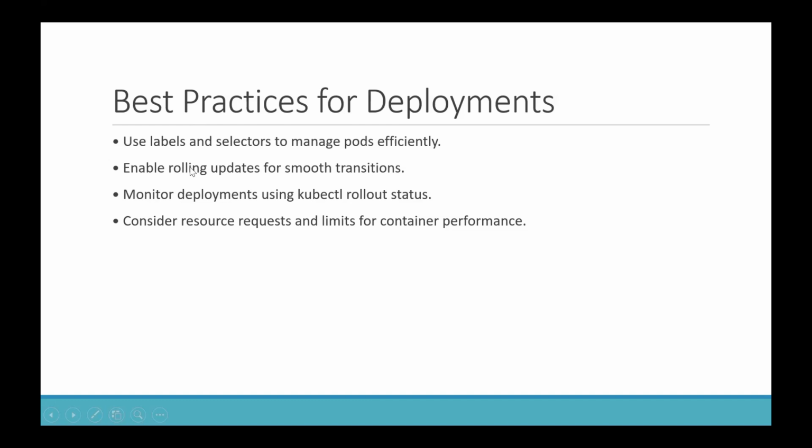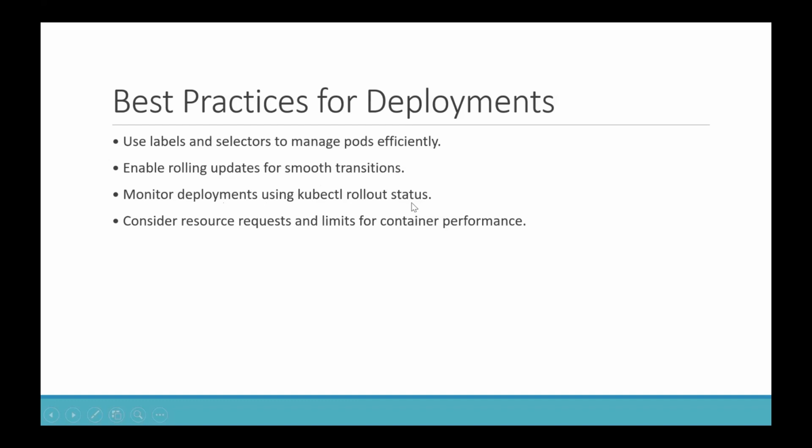If you are using rolling updates, you can smoothly update the application or smoothly roll back as well, because with this feature all your deployments will happen in a rolling manner. That means if one pod is being destroyed, another pod will be created, and only then will the second pod go down. In this manner your deployment will happen. You can monitor the deployment using kubectl rollout status.